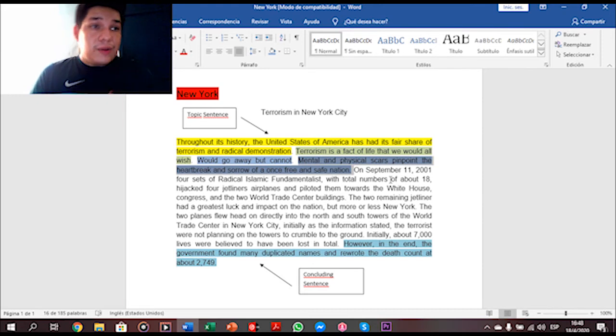And let me tell you that if you want to do something a little bit specific, in this case you can put facts. If you had on your list main facts about terrorism that can happen or still happen in New York, you can say, okay, what happened on September 11th?